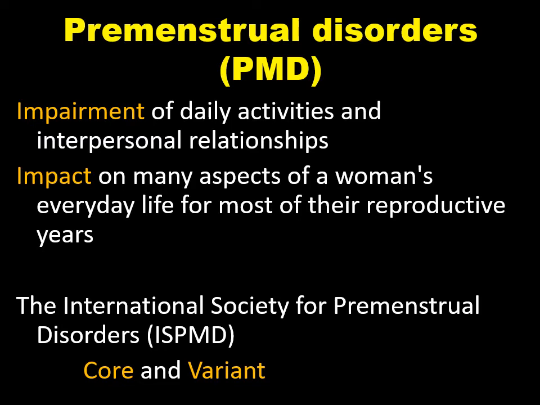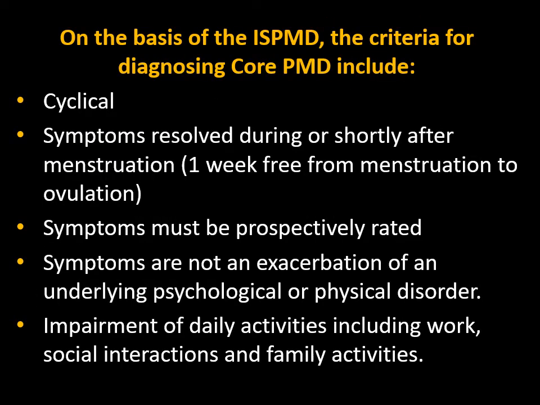The International Society for Premenstrual Disorders divides premenstrual disorders into core and variant. The criteria for diagnosing core premenstrual disorders include, first of all, cyclical symptoms, and symptoms should resolve during or shortly after menstruation, that is, a week free of symptoms in the follicular phase.